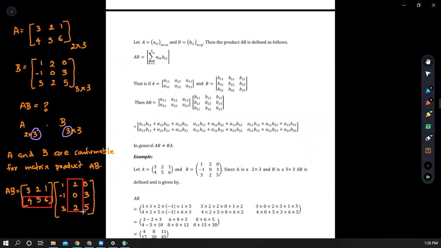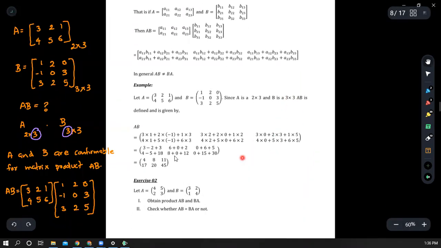Then you move to the second column and obtain the value. Likewise, you move to the third column and obtain the value. Now, if you go through the answer obtained, you can see that the matrix product AB is 4, 8, 11, 17, 20, and 45.